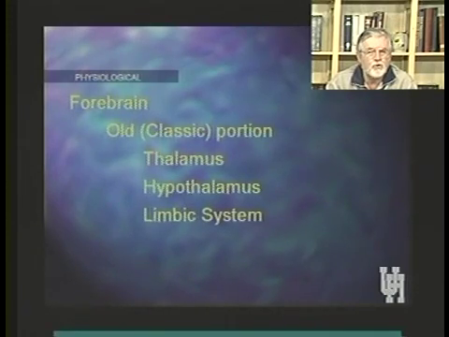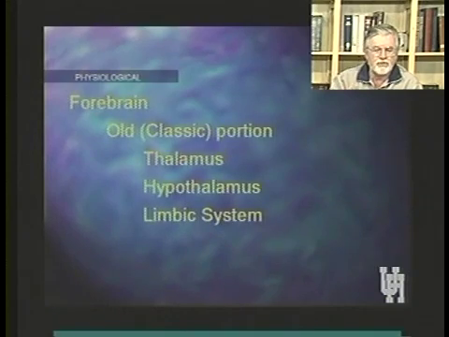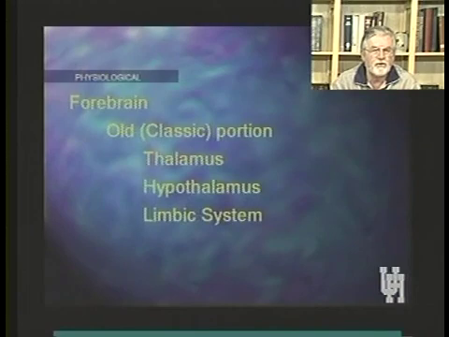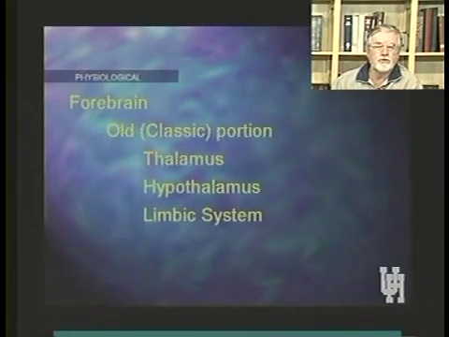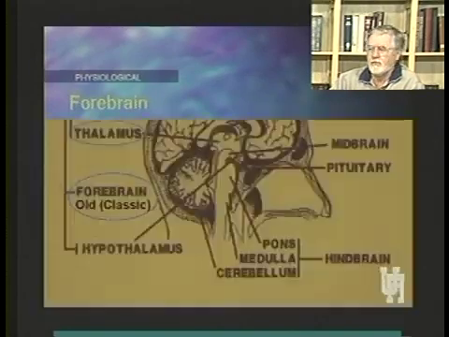So these are considered to be old or classic functions because they're represented further back, or to think of it another way, in less sophisticated organisms. And when you see the processes that are controlled here, you'll understand why that would necessarily be the case.